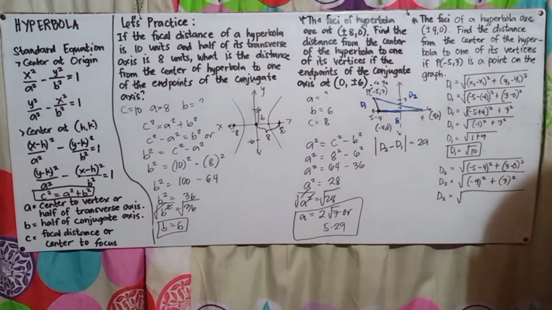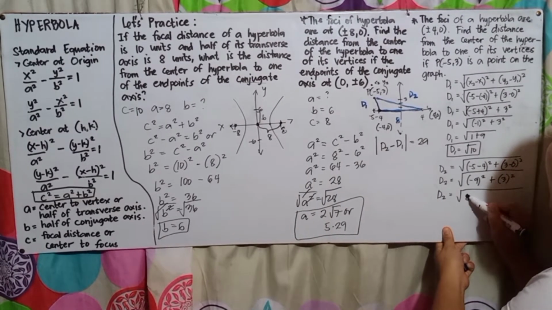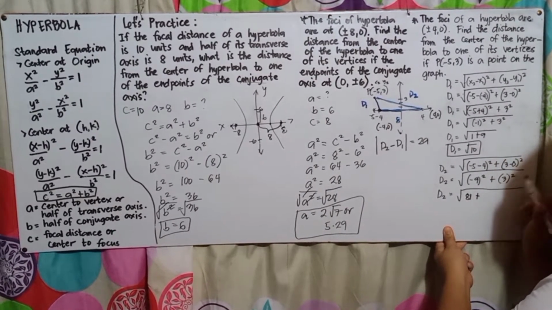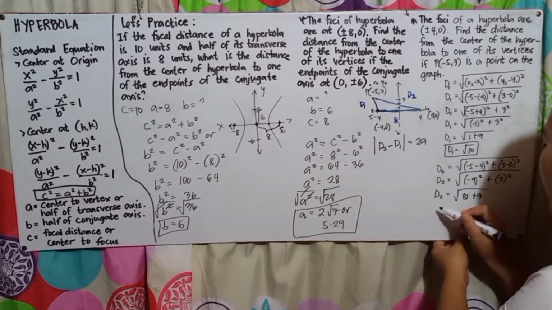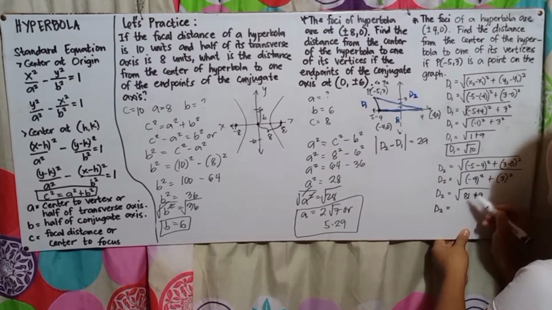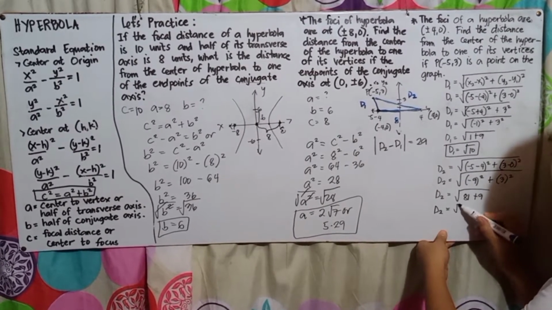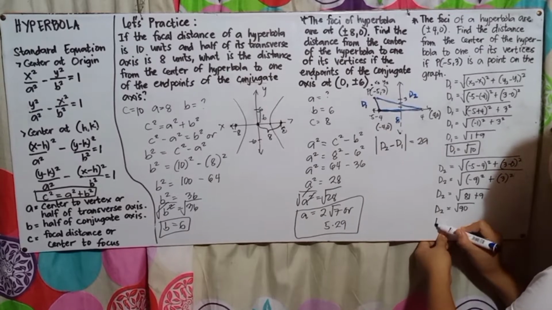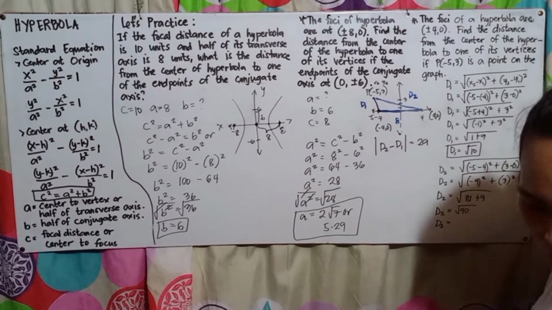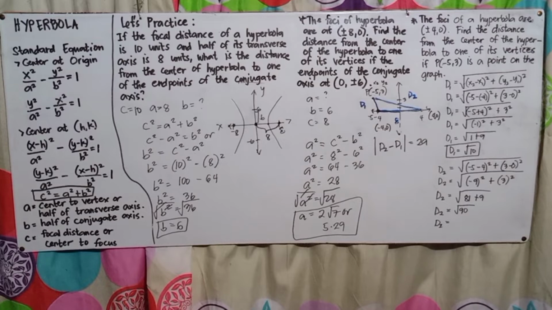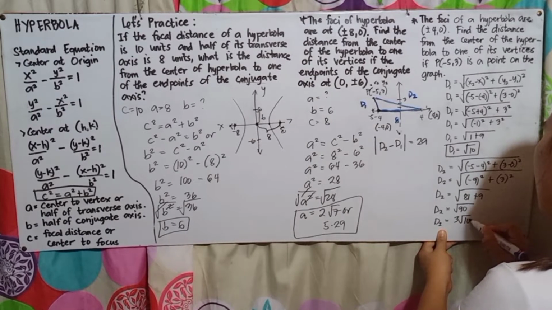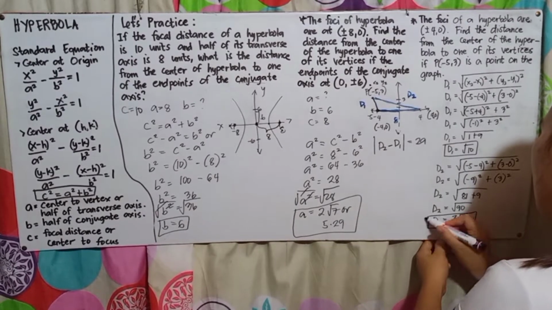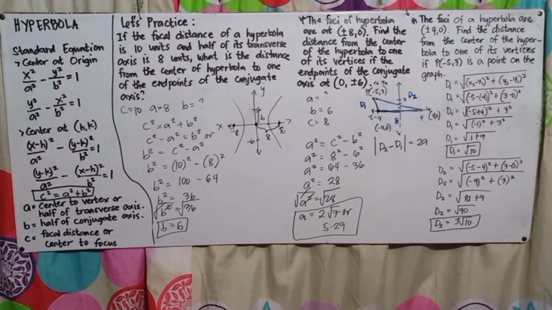Negative 9 times negative 9 is positive 81 plus 3 times 3 is 9. So 81 plus 9, square root of 90. So square root of 90 is 3 times square root of 10. Yeah, so our distance 2 is 3 times square root of 10.